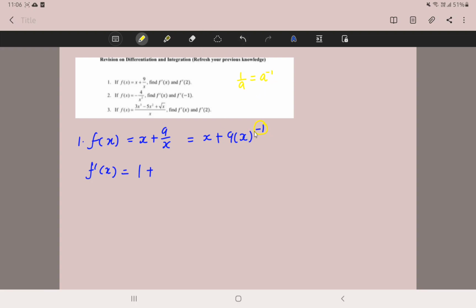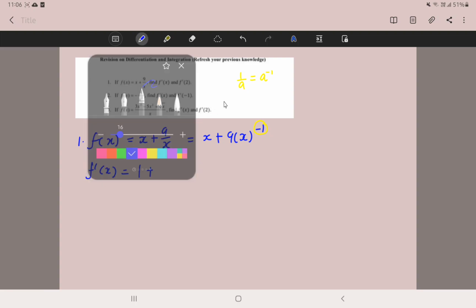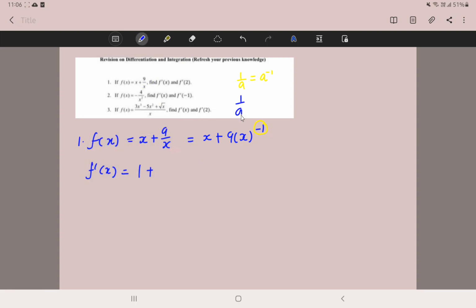If you have, for example, 1 over a to the power of b, this is equivalent to a to the power of minus b. Here b is 1, so it is minus 1. This index, or the power, you can bring in front, multiplying with 9.